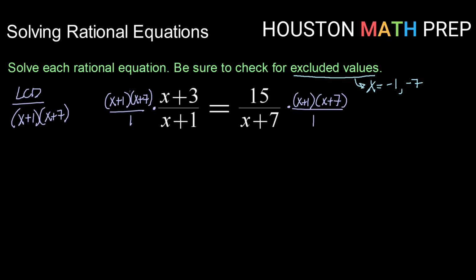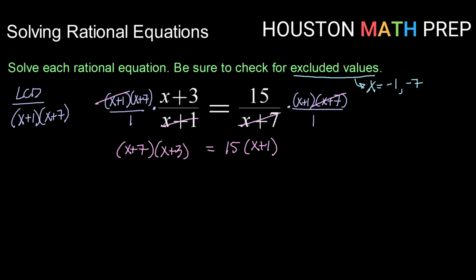So here I have factors of x plus 1 in my numerator and my denominator, so that leaves me with x plus 7 times x plus 3. On my right-hand side, I can cancel out my factors of x plus 7 in the numerator and denominator, and that leaves me with 15 times x plus 1.